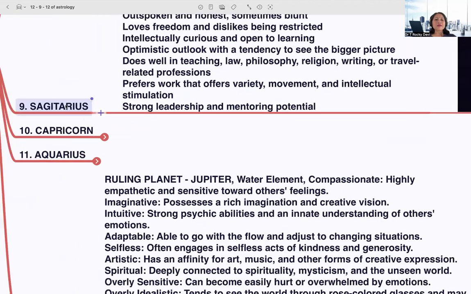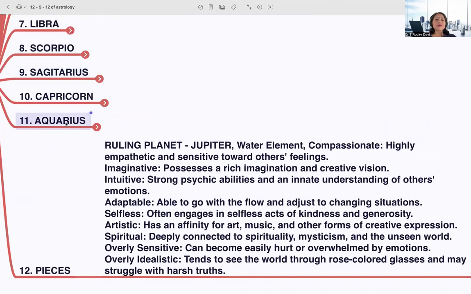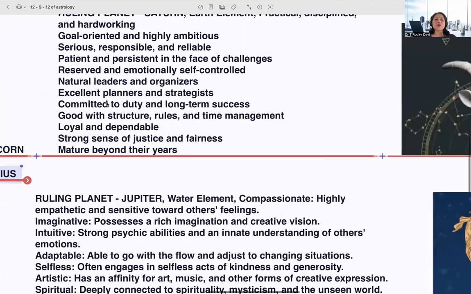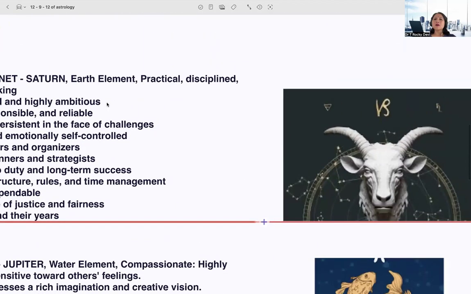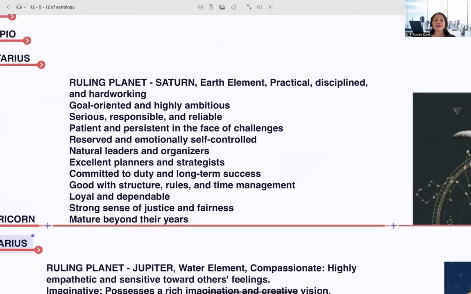And the next Rasi is Capricorn. So what exactly is Capricorn? Capricorn is what you call Makara Rasi or Makara Lagna. The ruling planet is Saturn. Saturn owns two houses. One is Capricorn, the next one is Aquarius. So being ruled by Saturn, this particular sign, Capricorn, is an earth element.